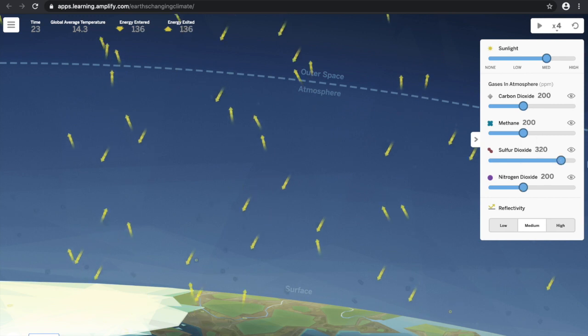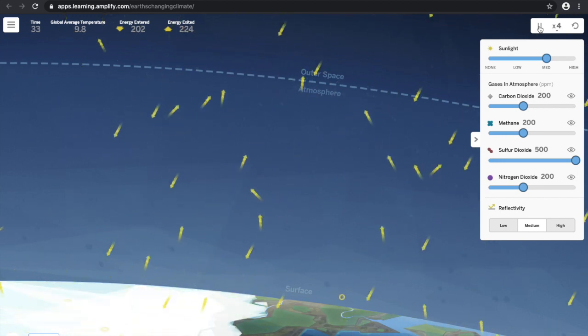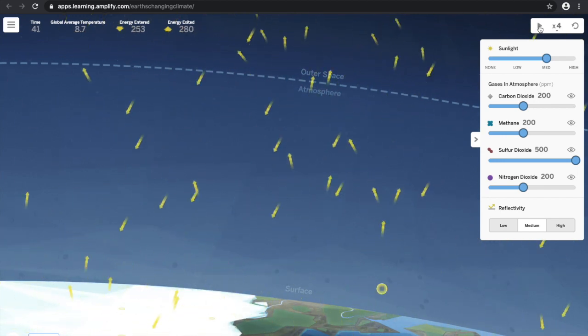We're going to play with sulfur first, increase it to 500. Pause. Temperature went significantly down.